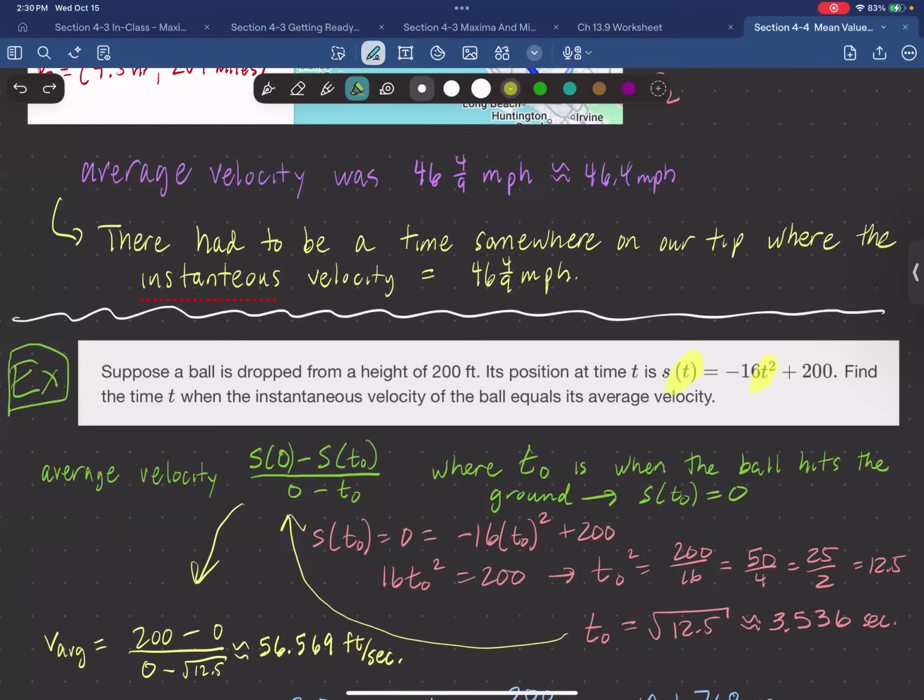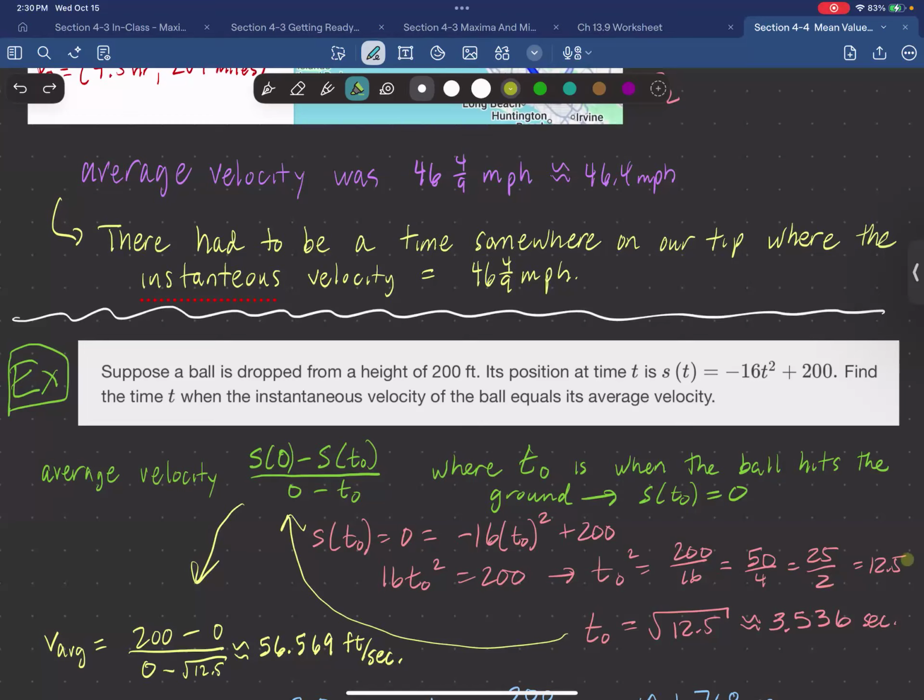I plug t naught into the equation we had up here, and I add 16 t naught squared to both sides. I get 16 t naught squared equals 3200. Solve for t naught squared, which is 200 divided by 16. I reduce that to 50 over 4, which is 25 over 2, which is 12.5.